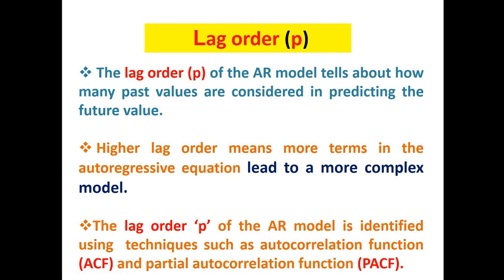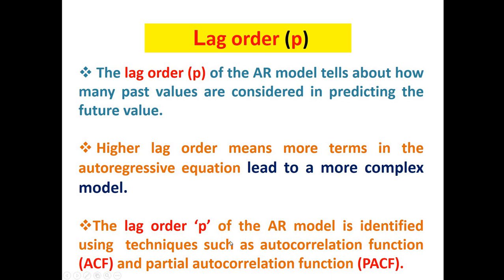Now, what is a lag order? The lag order of an AR model tells how many past values are considered in predicting the future value. A higher lag order means more and more terms in the autoregressive equation. So let's say you want to predict today's temperature by considering the last 1000 temperatures, then the equation becomes very big. So the lag order P of the AR model has to be identified.